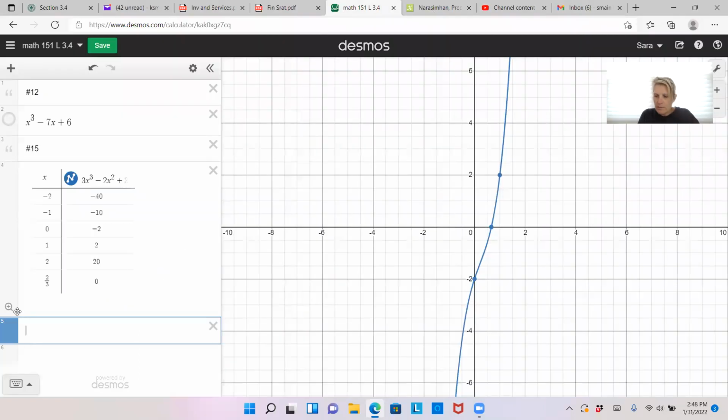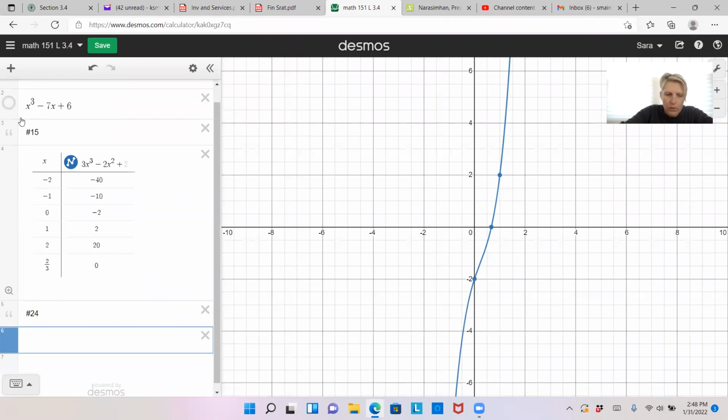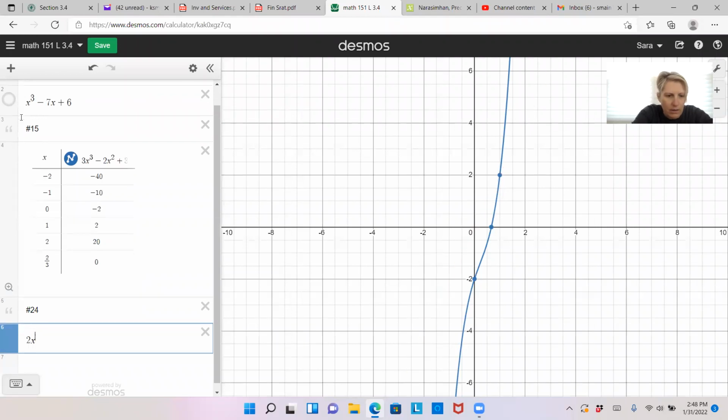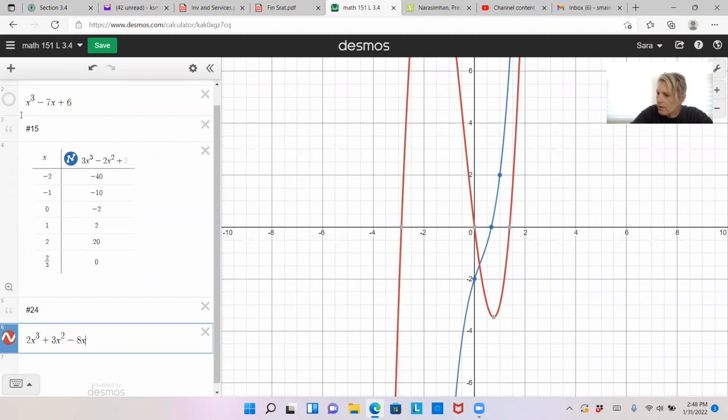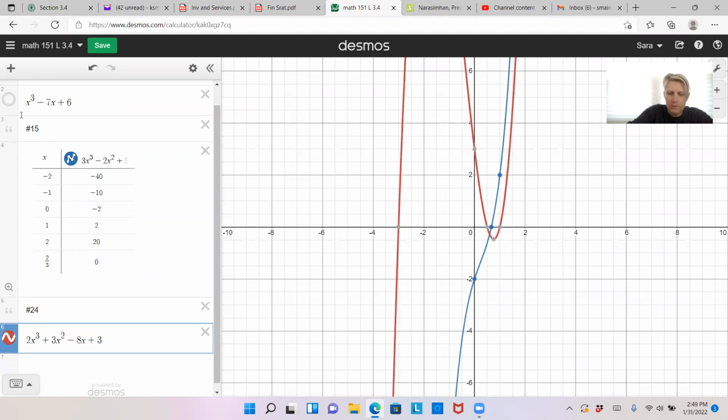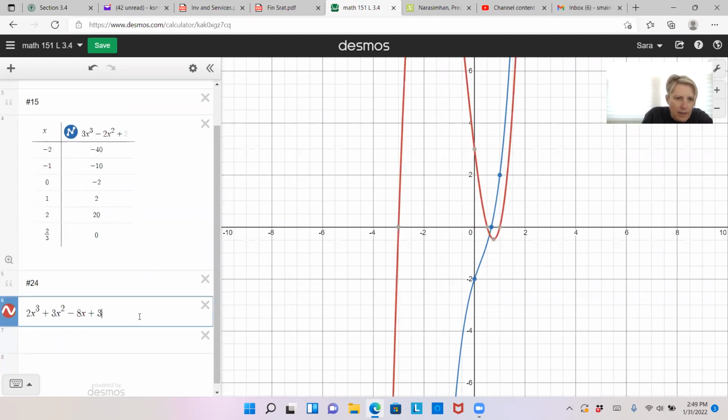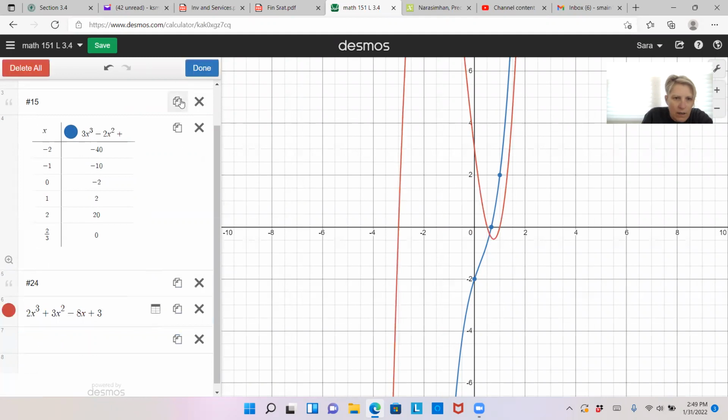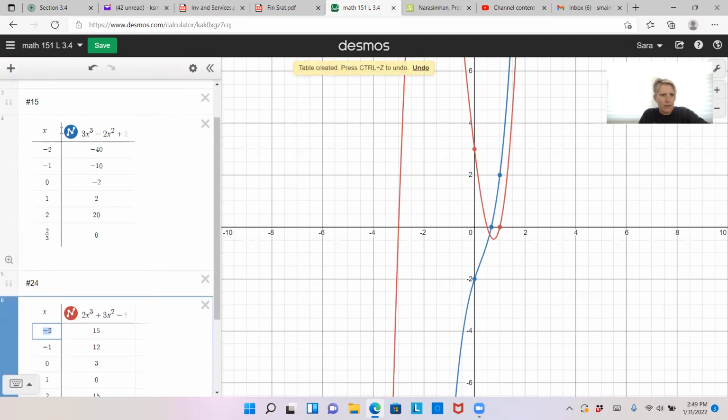Note that this is number 4. We're going to look at 2x cubed plus 3x squared minus 8x plus 3, and at our list here.